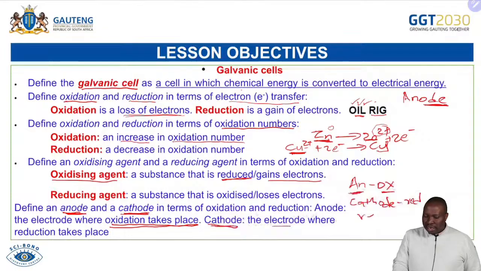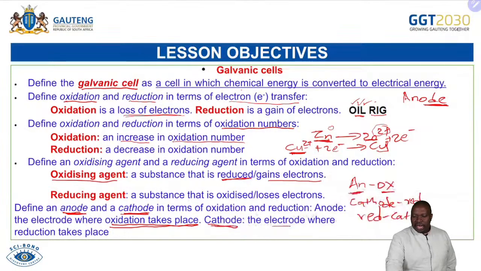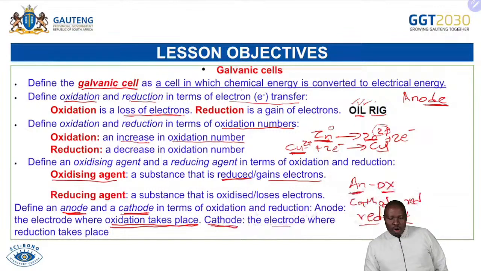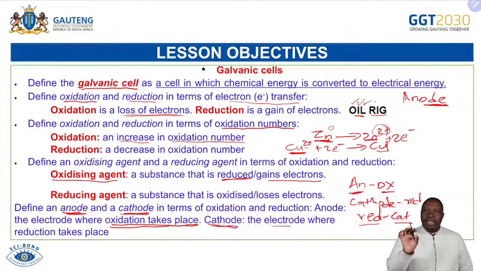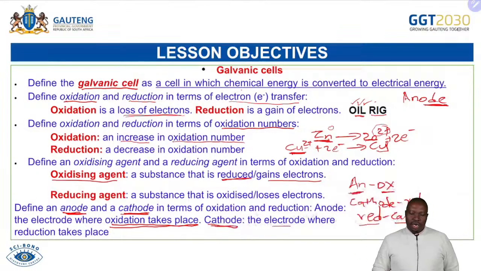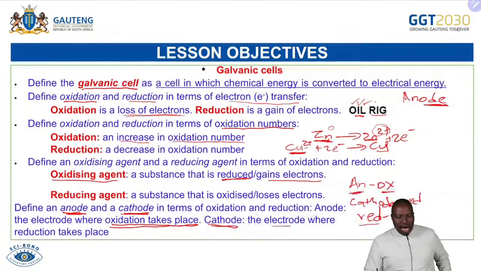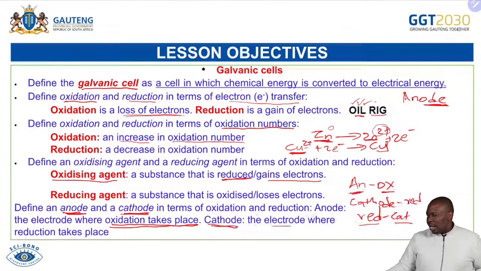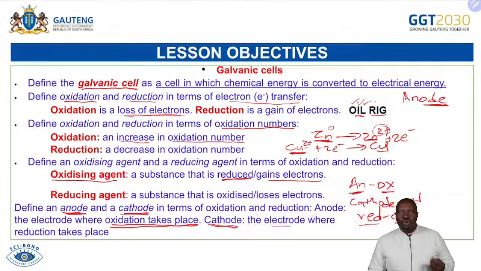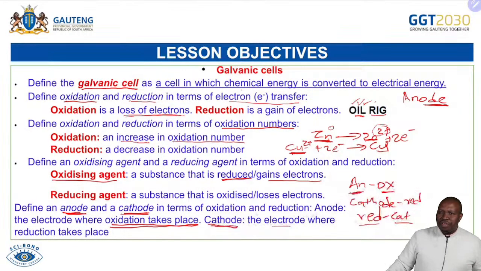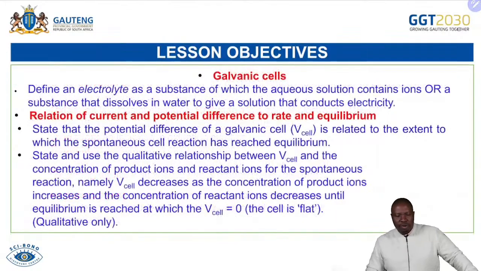Hence we say red cat, for you to remember that where the cathode is, that's where reduction takes place. We have the cathode and the anode, and we're going to unpack all this as we move with the lesson. For now, I'm reminding you of these definitions that you are expected to know. They are simple. Know all of them with confidence and be able to answer questions.